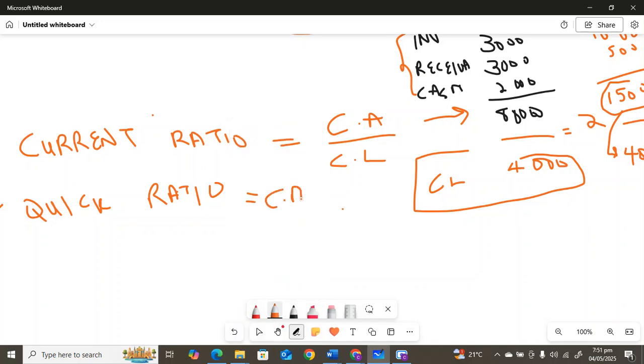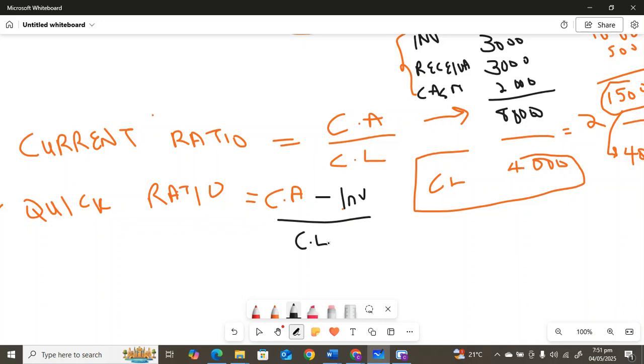Current assets minus inventory, divided by current liabilities. So it's basically asking, with our quick assets, apart from inventory, can we cover our current liabilities?